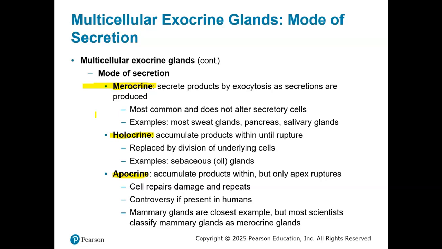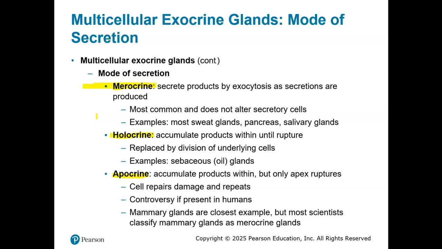So endocrine glands, pretty simple, straightforward. They produce hormones, release the hormones into the blood. Now, exocrine glands, we have to know a little bit more information because there are 3 types, but exocrine glands release their secretion into a duct and then onto a surface.